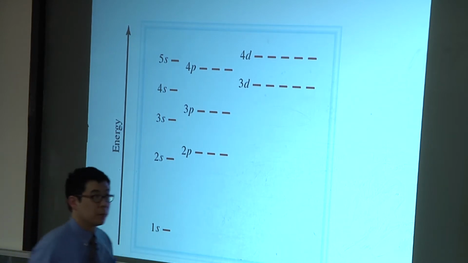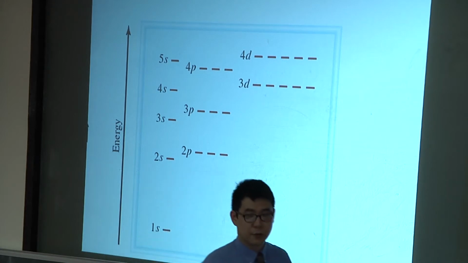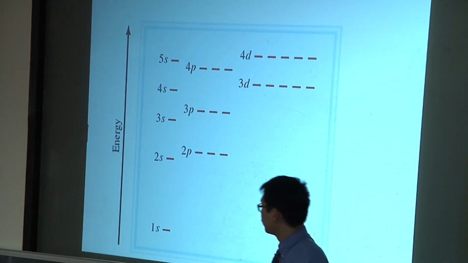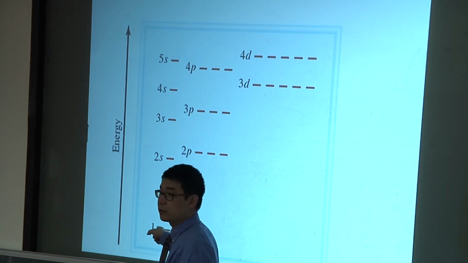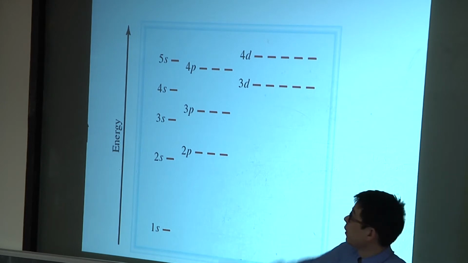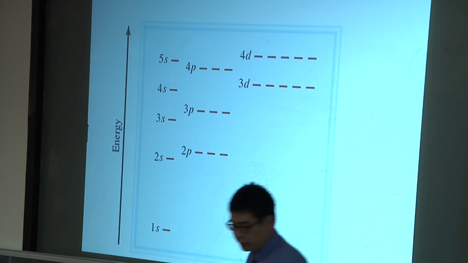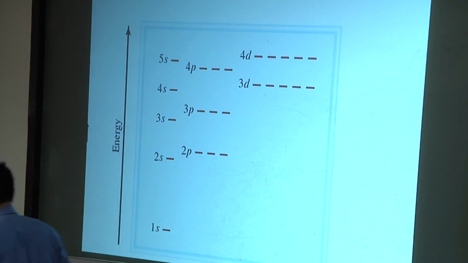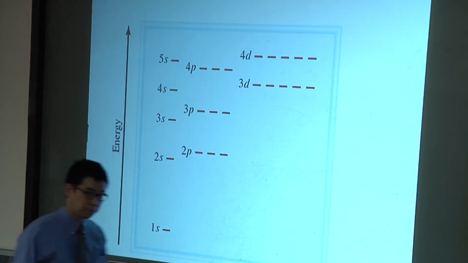Once you get to lithium, as an atom, it has 3 electrons. The first 2 are going to want to live here, then you're out of space here, right? And so the third one is going to want to live in 2s. And so what happens is what's called the building up, or the Aufbau principle, from the German for building up: the electrons fill up from lower energy to higher energy.